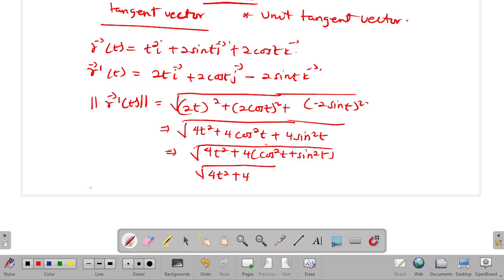Therefore, our unit tangent vector is 1 over the square root of 4t squared plus 4, multiplying the expression 2t i plus 2 cos t j minus 2 sin t k.